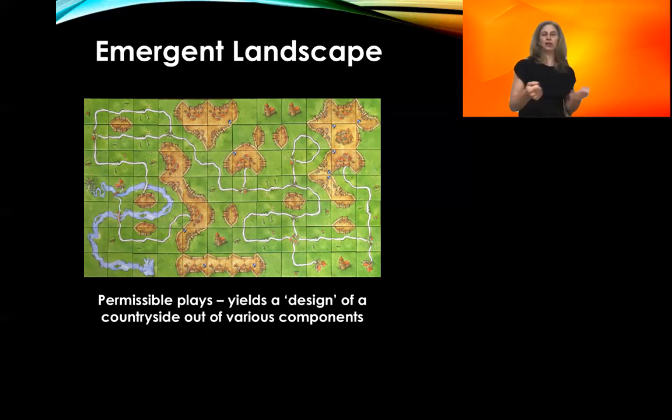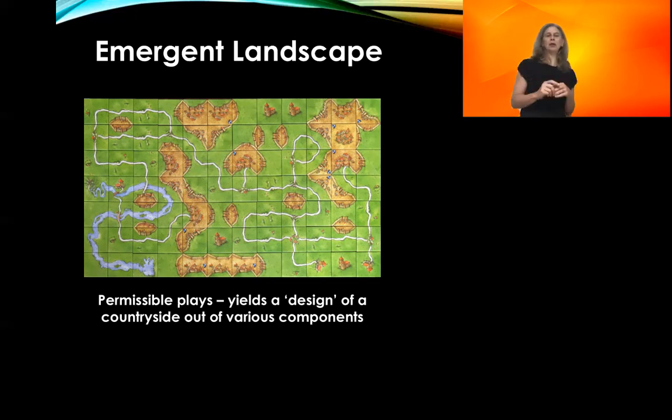You can't have things crash into a context where they're not meeting up with something. And yet, through these simple permissible steps of play, we wind up getting a design of a countryside out of these various components. Now, it's not designed in terms of it having a particular functionality, but when we look at the overall picture of the landscape, it feels coherent to us.